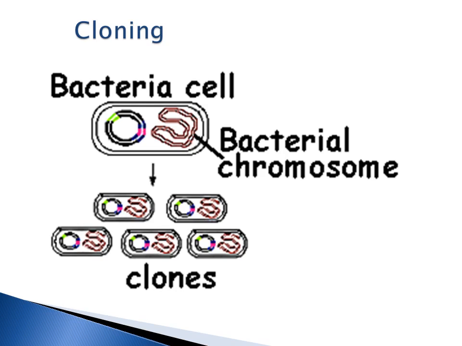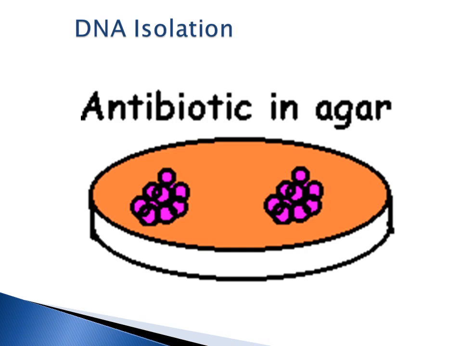So you are going to make many clones of your recombinant plasmid in that bacteria. So once again, you take your bacteria that contains your plasmids, you streak it out on agar that contains the appropriate antibiotic, and if that bacteria is able to grow, it means it contains the plasmid with the antibiotic resistance gene.